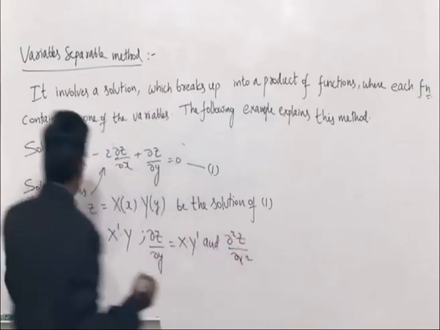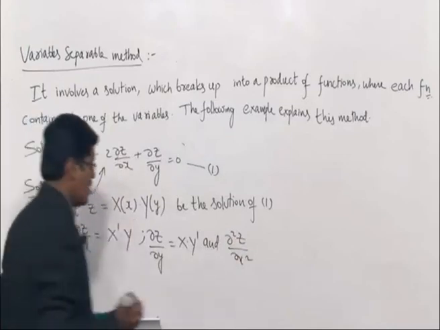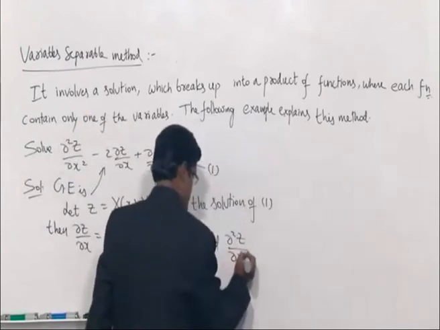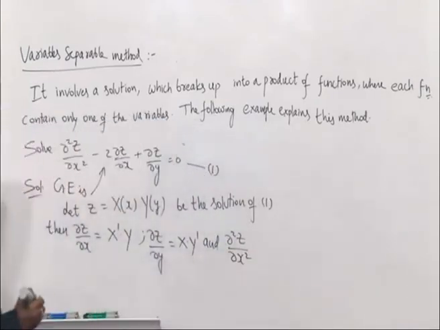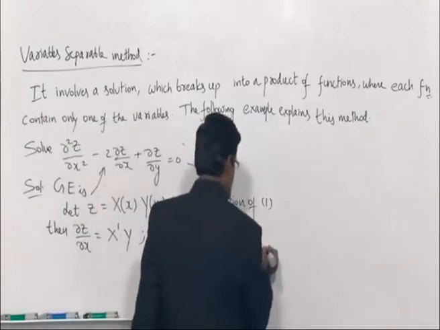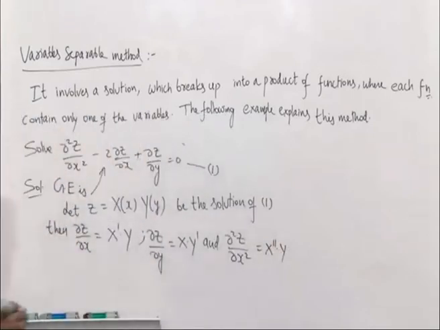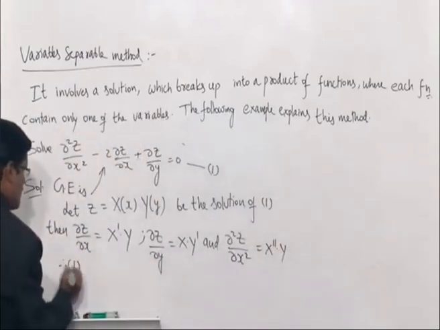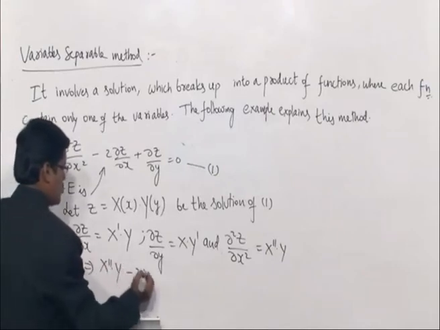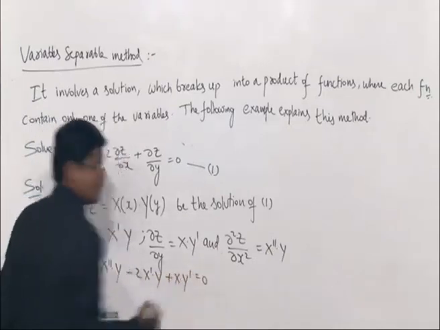That means whatever derivatives are in the left side, I am calculating using this assumed solution. For this you differentiate partially with respect to x, so y constant, X dash derivative is X double dash into Y. Substituting all these values in equation 1, therefore 1 implies X double dash into Y minus 2 times X dash into Y plus X into Y dash is equal to 0.